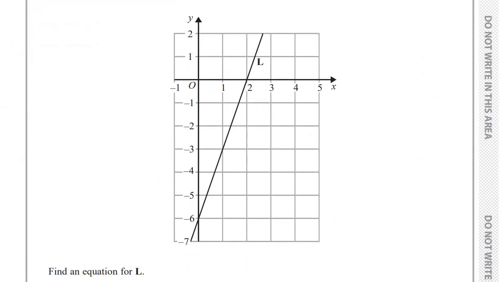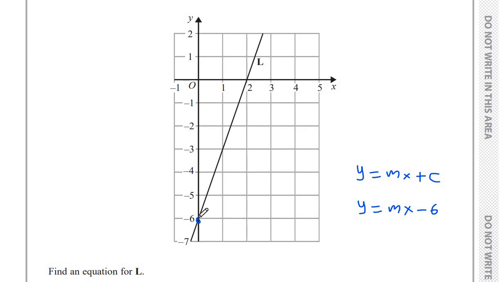Okay, now we need to find the equation for L, so we need to do y equal to mx plus c. Now m is the slope and c is the y-intercept. Well, the y-intercept is right here, -6, so we can say that the line will have y equal to mx minus 6. Now we need to find the slope m.